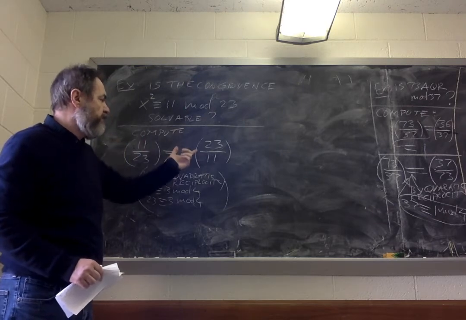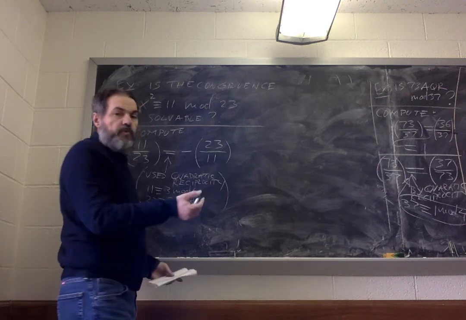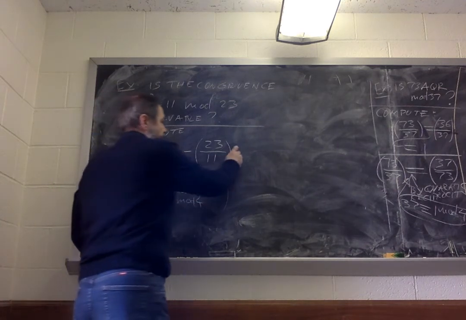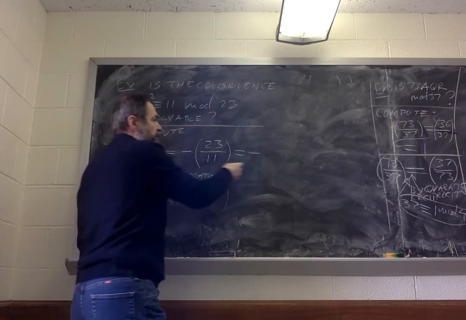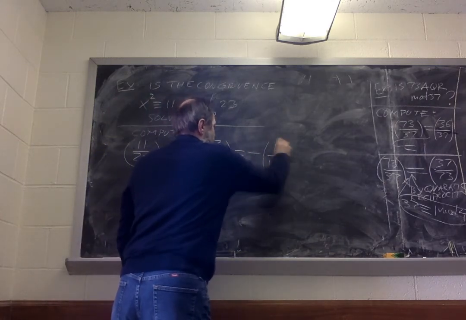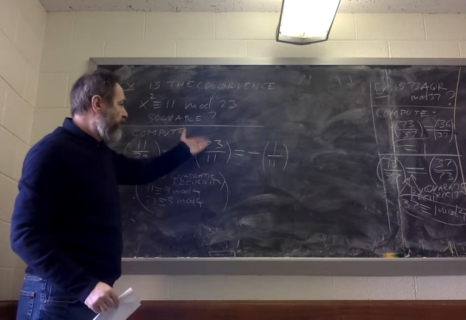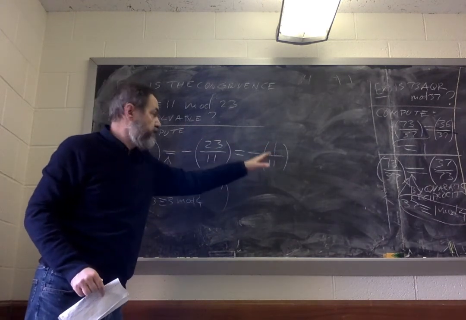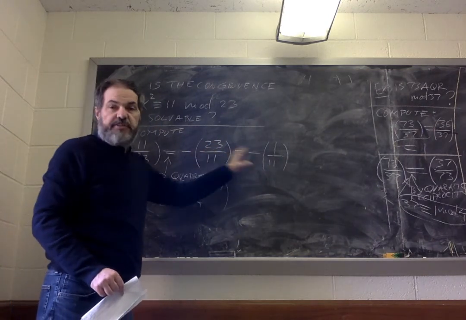And in this case, if we subtract 2 times 11, I get 1. Of course, I still have the minus, because it's minus times the symbol, but this symbol is 1 over 11. Because, again, 23 is congruent to 1 mod 11, so the two symbols are the same.